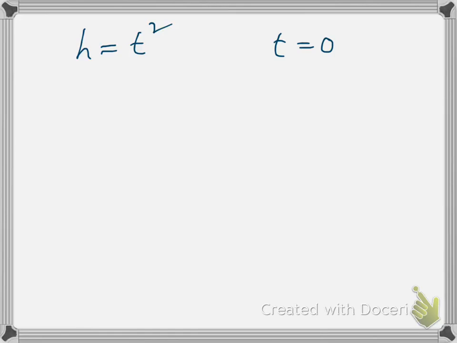The baby is born at t equal to 0, and its height was 0. After 1 second, its height is 1 meter. After 2 seconds, its height is 2 square, that is 4 meters. Whatever the time is, square it, you get the height.